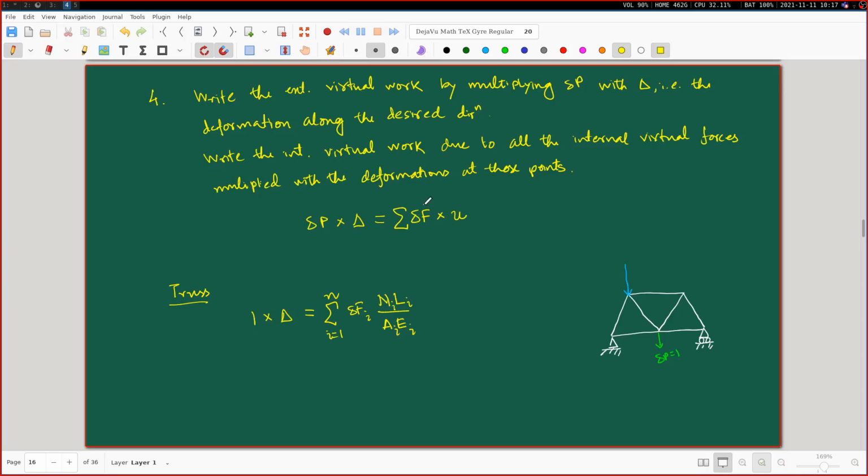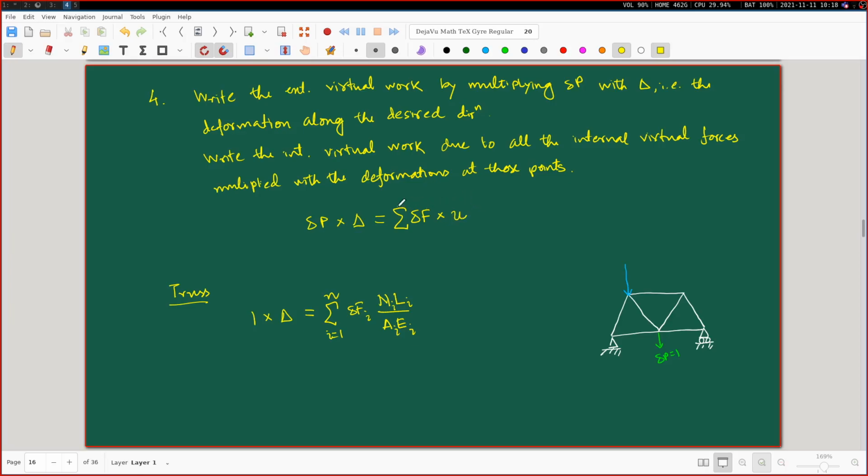Those are represented by this delta F. And these are going to be multiplied with the deflections represented by this U, but these are the deflections associated with the real forces.